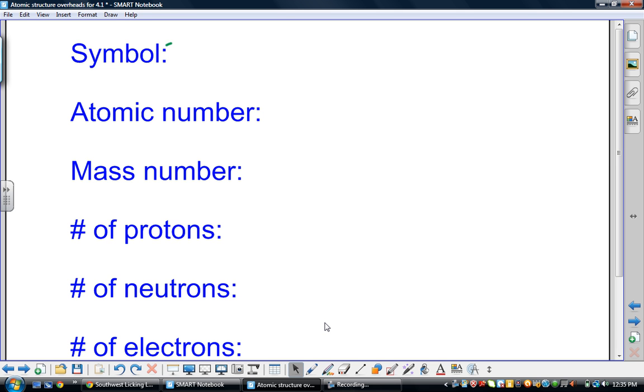So if I tell you the atomic number, let's say that we have an atomic number of 12, and let's say that we have a mass number of 20.